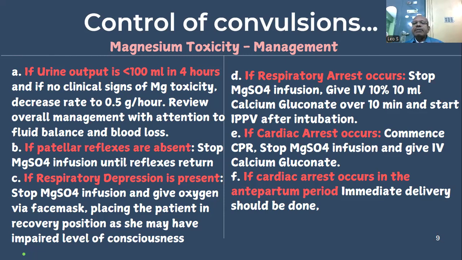If the respiratory arrest occurs, stop magnesium sulfate, give 10 ml of 10% calcium gluconate over 10 minutes and start positive pressure ventilation after intubation. If cardiac arrest occurs, commence the CPR, stop magnesium sulfate infusion and give IV calcium gluconate. If the cardiac arrest occurs in the antepartum period, immediate delivery of the fetus is vital.